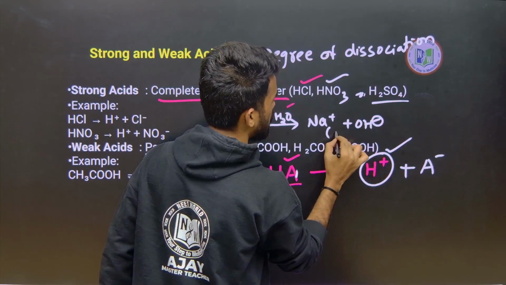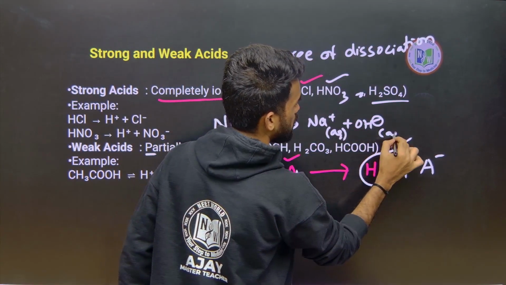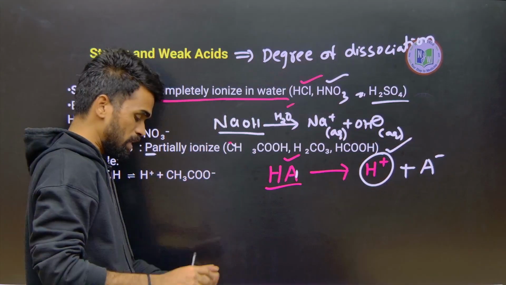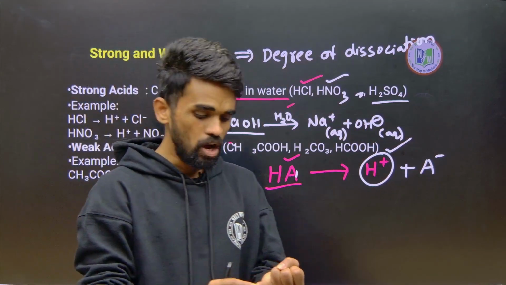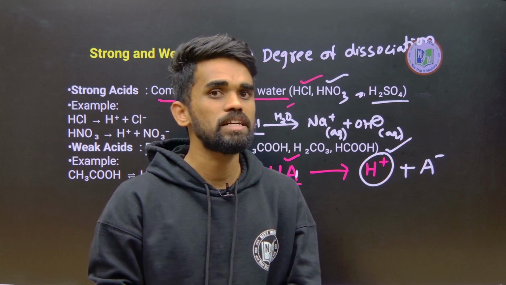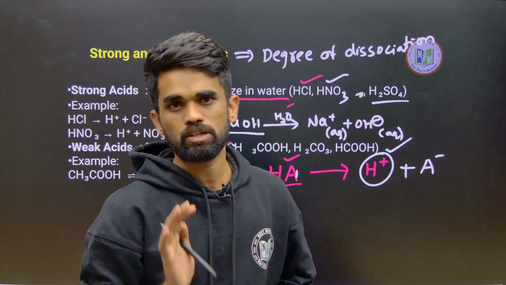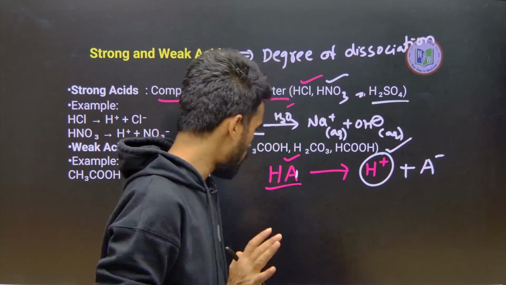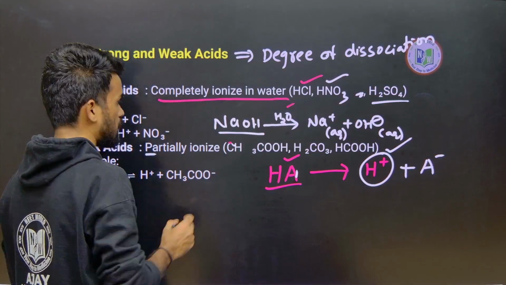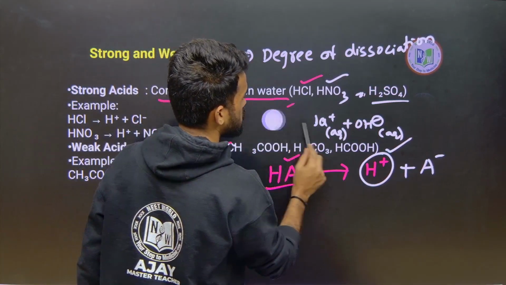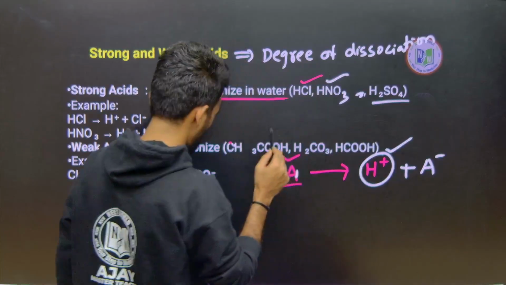This kind of dissociation takes place in the case of a strong electrolyte. All strong acids and all strong bases can be considered examples of strong electrolytes.